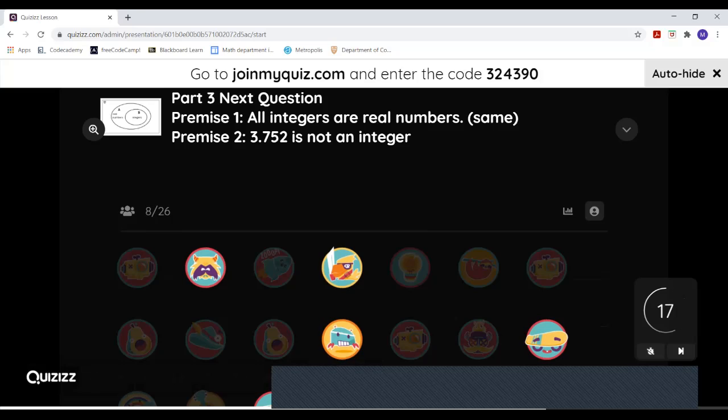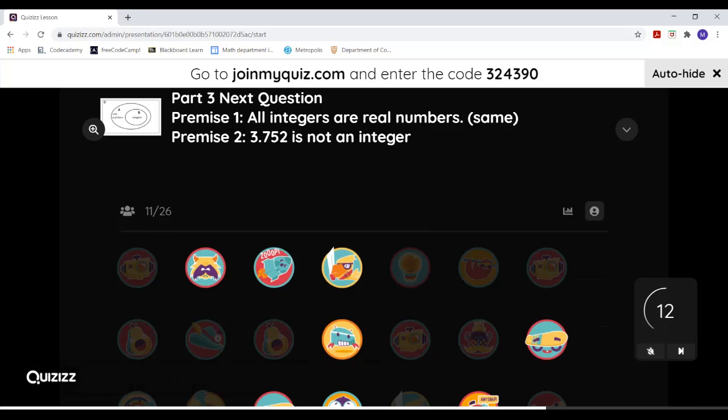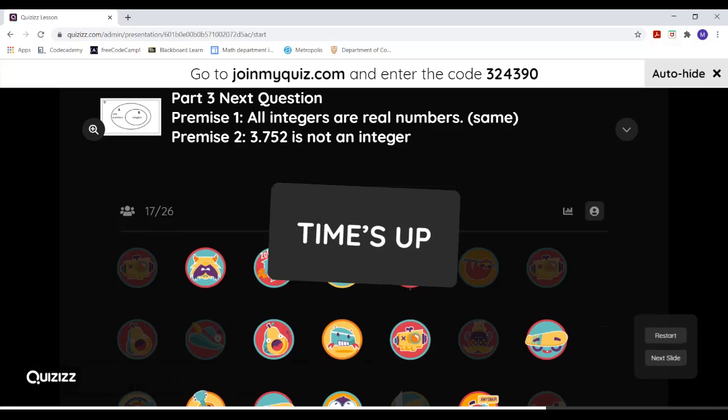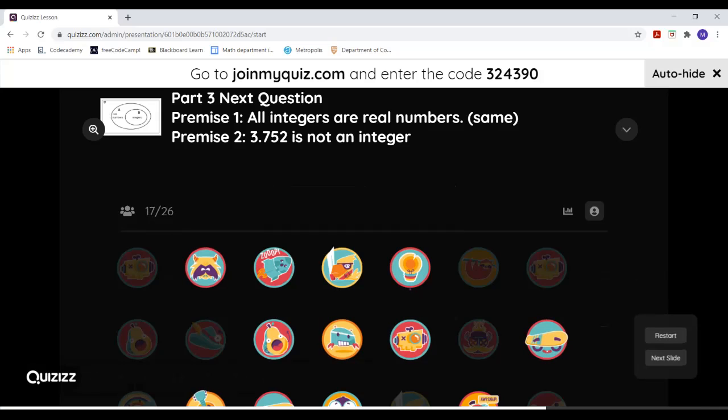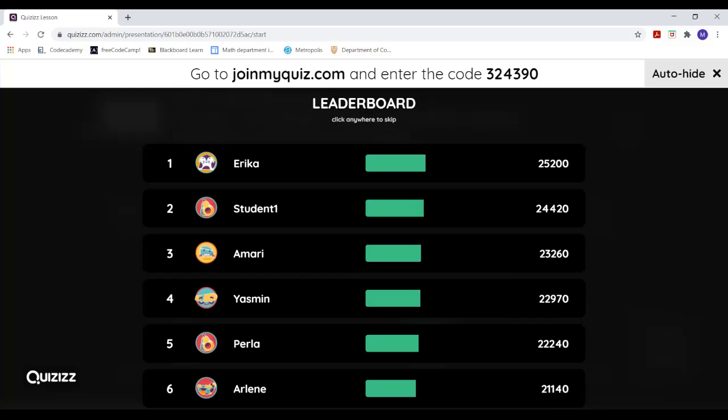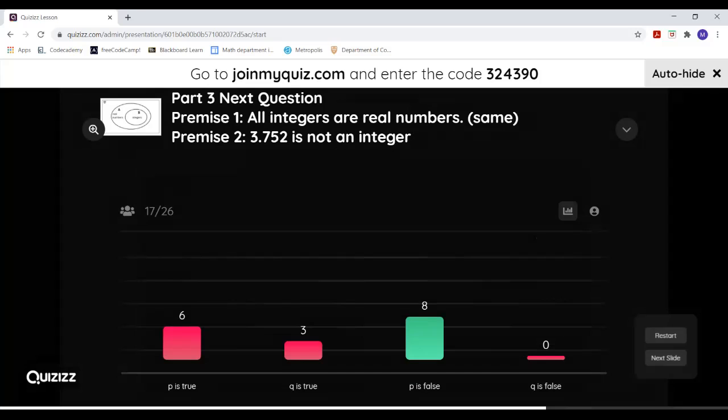And so if we look at this, the first premise is the same. We say 3.752 is not an integer. What is that telling me? So integers is a P statement.